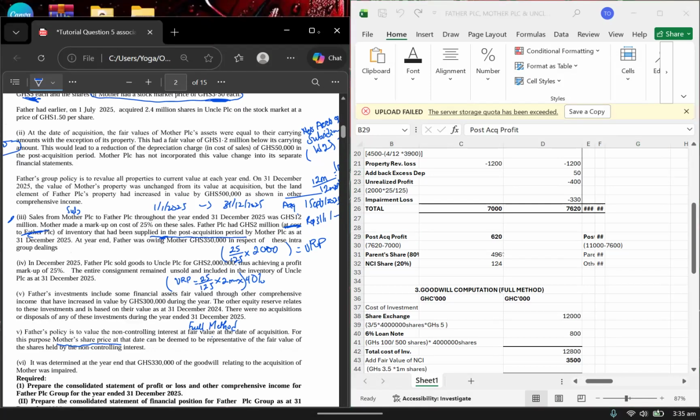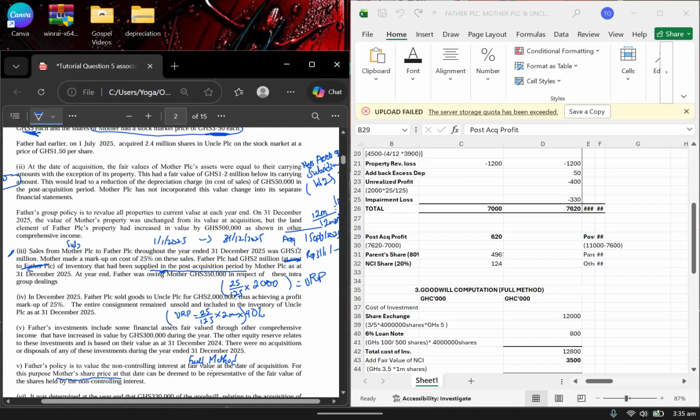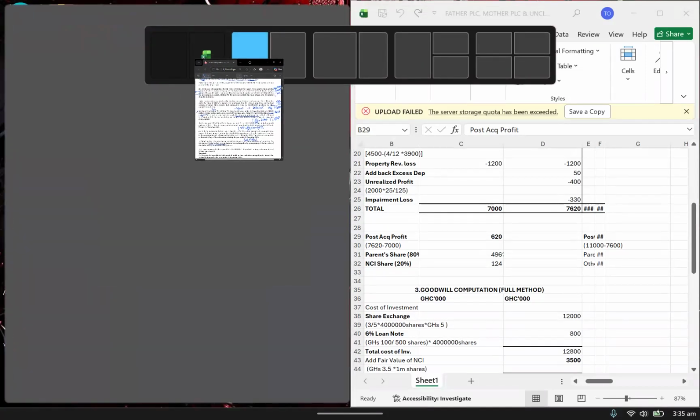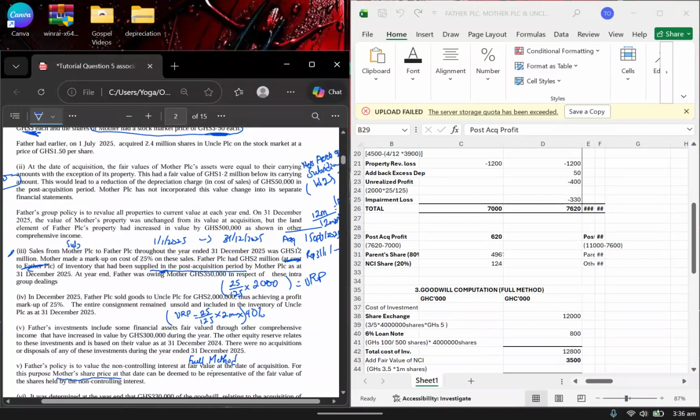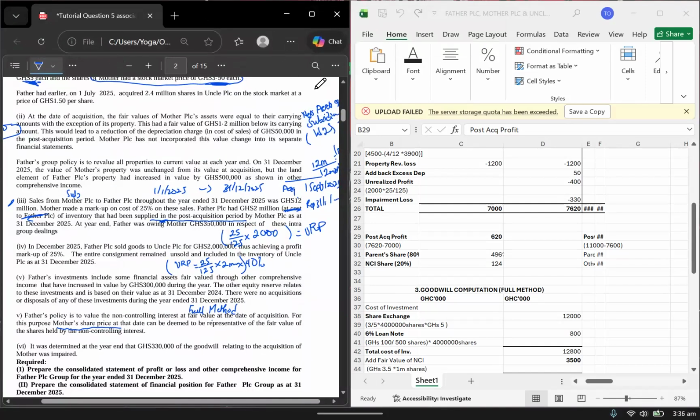So to get the PAP, you basically subtract the 7,000 at acquisition from the 7,620 at reporting.